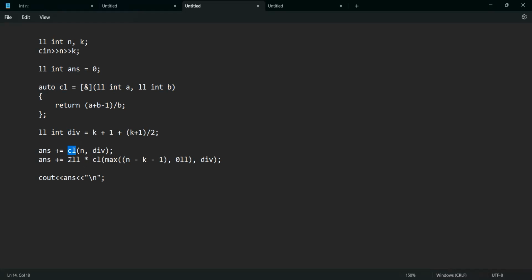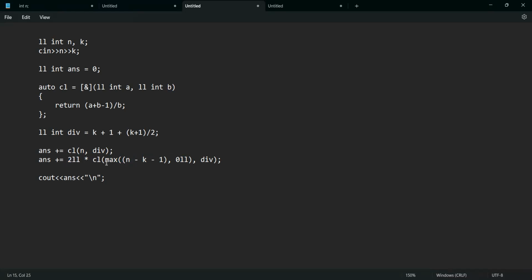And then I'm adding 2 into ceil of maximum. You'll have to take maximum because there is a possible case that n is less than k plus 1. You don't have to form that many digit number. So you take maximum of n minus k plus 1 and 0 and divide it by div and take ceil of it. But n is always greater than k.